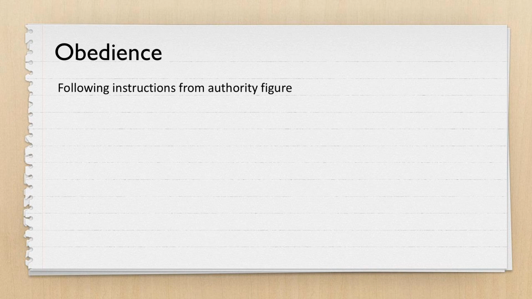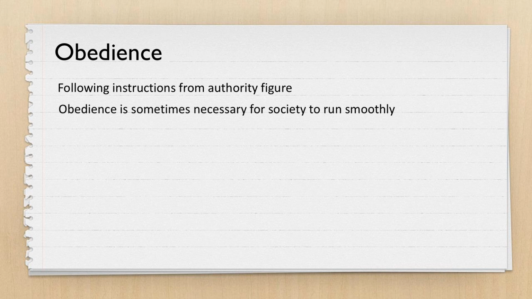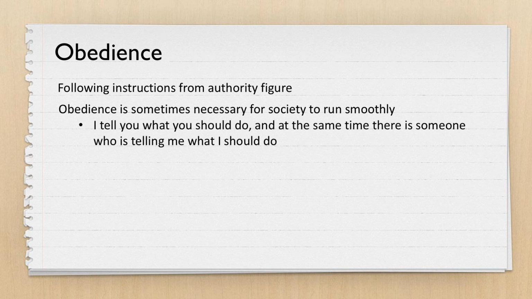But is obedience necessarily a bad thing? Well, obedience is sometimes necessary for society to run smoothly. I tell you what you should do, and at the same time, there is someone who is telling me what I should do. We will have serious issues when there is obedience without questioning. Obey orders blindly.